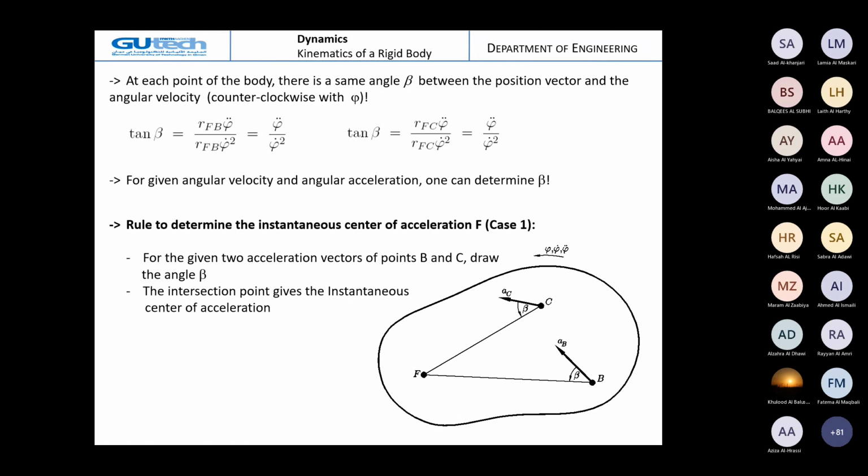That means, knowing the vector AC, it's only the sum of the two vectors, the tangential one and the normal one. Now what we do here, we draw the angle beta, we make the intersection, and we get the instantaneous center of acceleration.